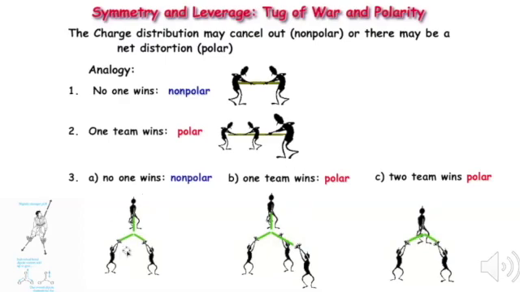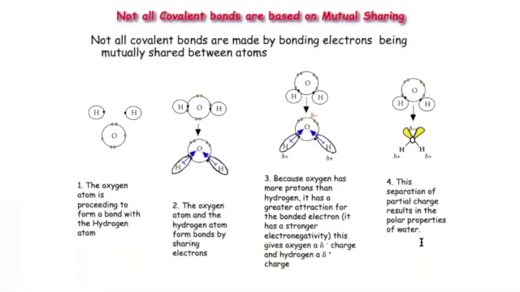But when it's even, like in this particular case, because they all have equal strength, then it's nonpolar. But as soon as you break that leverage, like this is bent, then that becomes polar. That's why you need to know the molecular shape, because you need to see whether there's a distortion in the shape or the shape is even throughout.